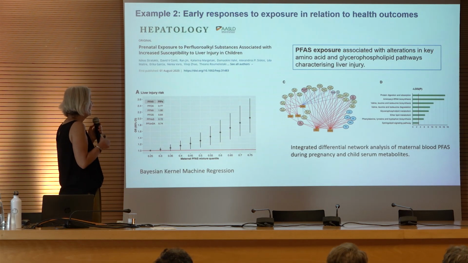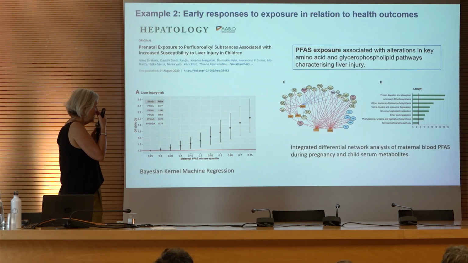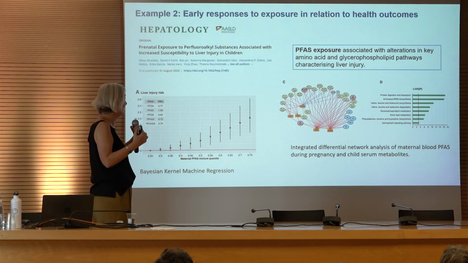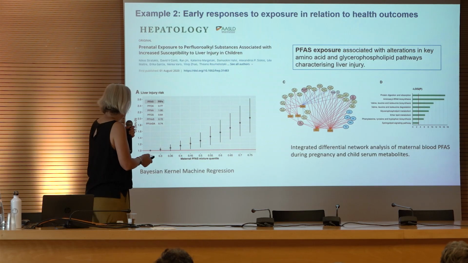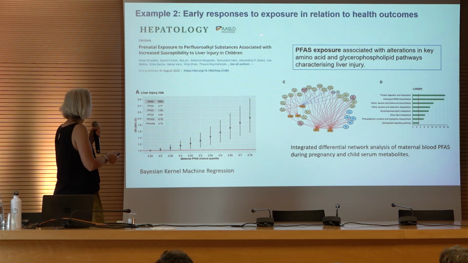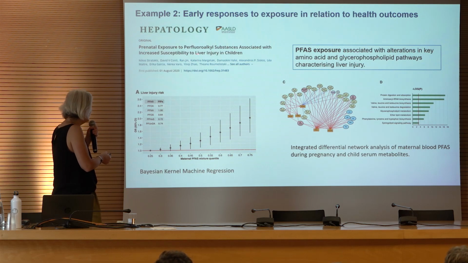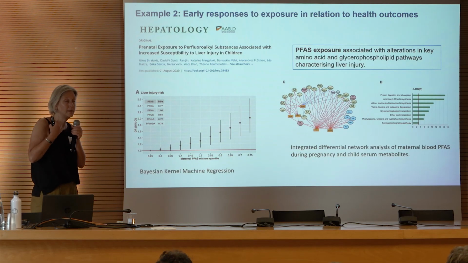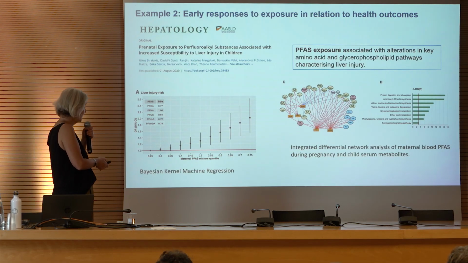So this same data can also be used to then look at whether the exposures and health outcomes are connected through a certain mechanism. In this paper, we looked at the PFAS exposures, and we looked at their association with liver injury measured by liver enzymes in the children.